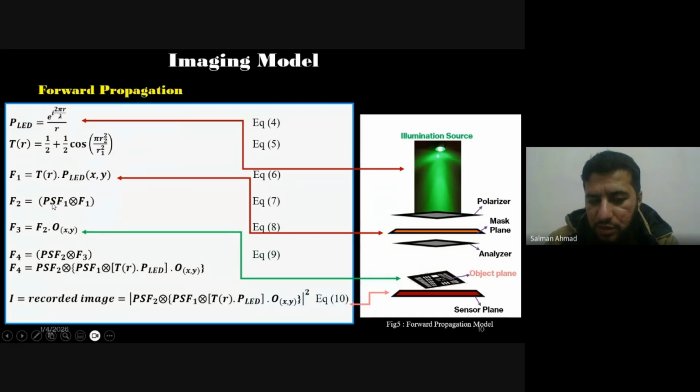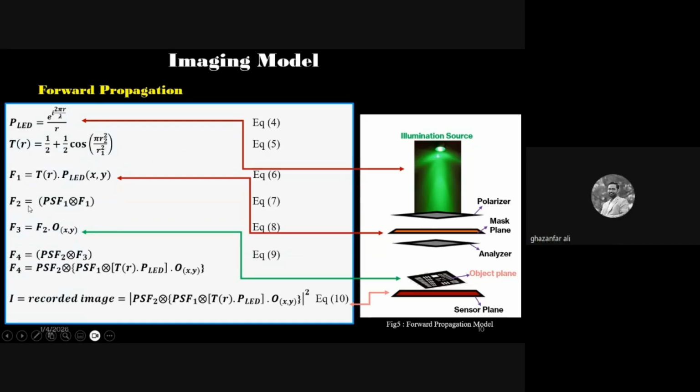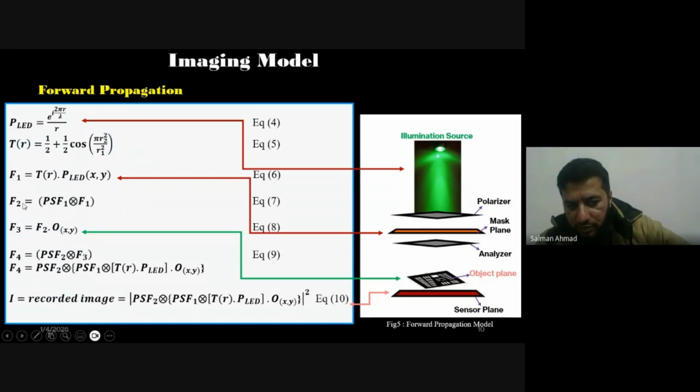After that, with this convolved term, the f2 function, and the object, when the light moves towards the object plane, they both multiply and then are convolved with the point spread function f2.